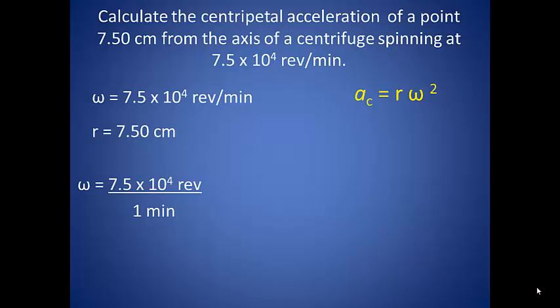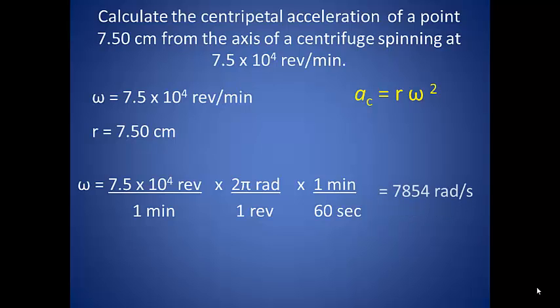Also remember that one revolution is equal to 2 pi radians. To convert the 7.5 times 10 to the fourth revolutions to radians, we need to multiply by 2 pi. Since it is most common to record angular velocity in radians per second, we want to convert the minute portion of that label to seconds. After all the conversions, we find an angular velocity of 7,854 radians per second.